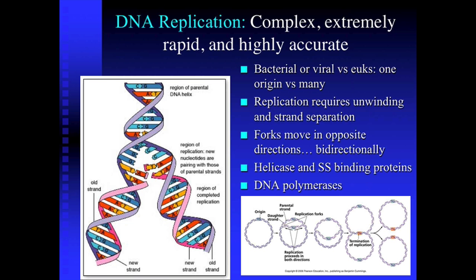We're going to zoom in on this right here, okay? And I show you that because that's what's shown on the screen here, but I want you to get your bearings here, all right? What you're seeing here is replication going in bidirectionally from our point of origin, and each of these green boxes represents a replication fork.